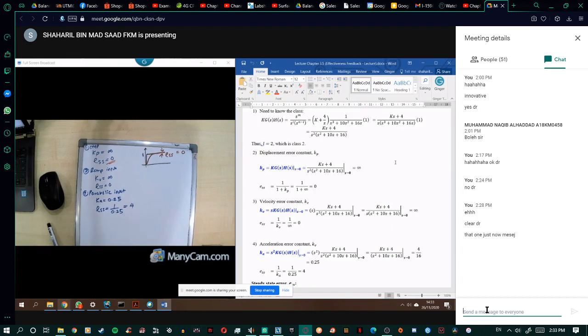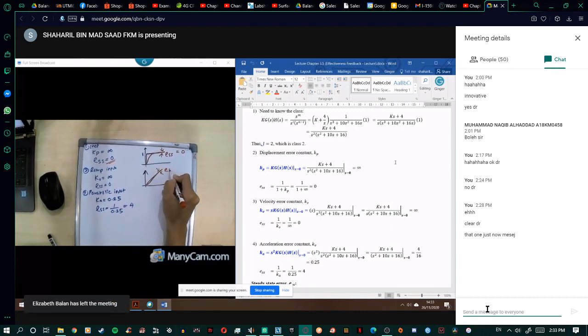For the ramp input, it is like we got here, then your output will be like that, where your steady state error is equal to 0. Now it's clear. Do you have any question?